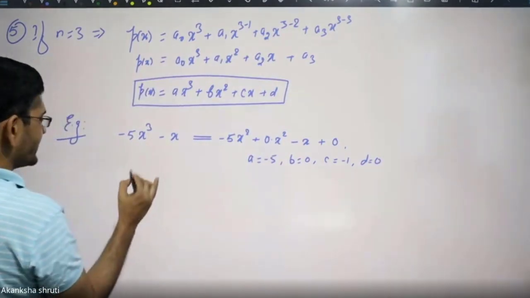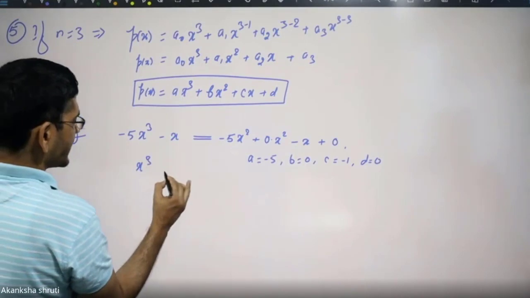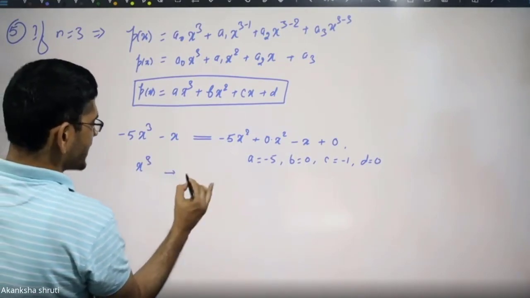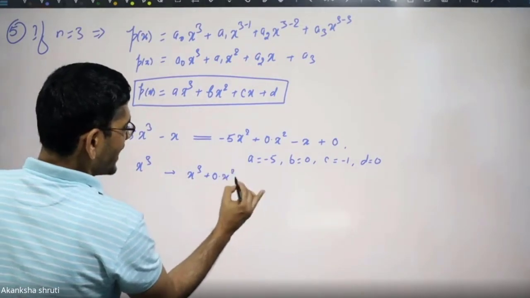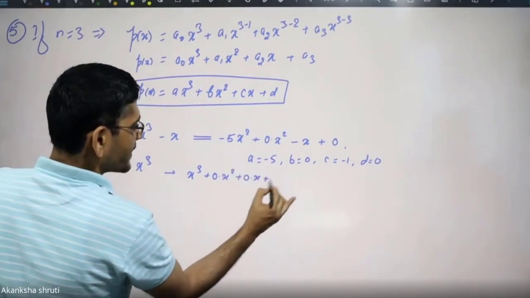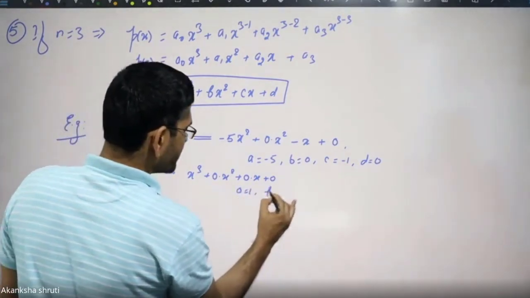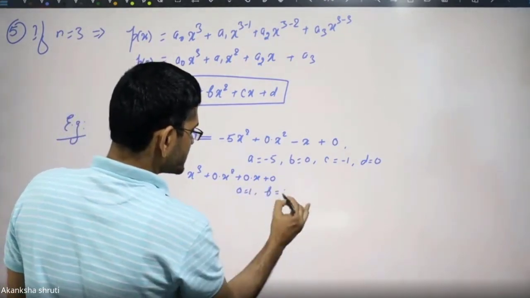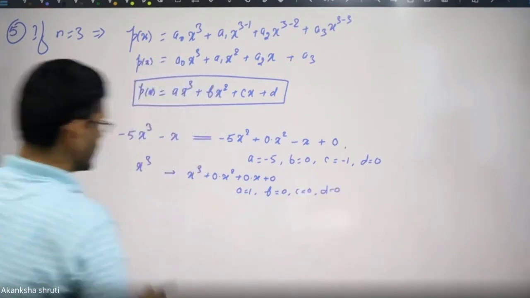Students, even if you write just x cube, it is also okay. It simply means x cube plus 0x square plus 0x plus 0. It simply means a is 1, b is 0, c is 0, and d is also 0.